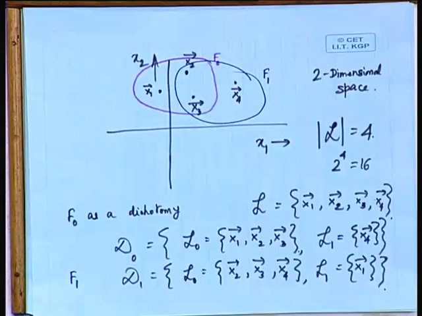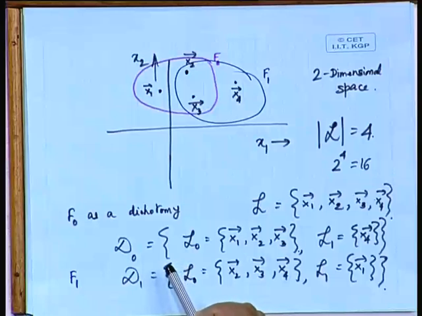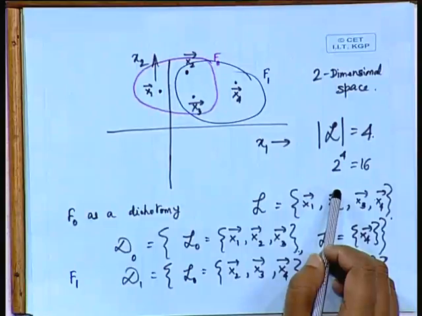16 is the ultimate number of functions that is possible to segregate this space, or as we can say, to shatter this space with different types of patterns. So, 4 is the maximum, 2 to the power 4 is equal to 16.